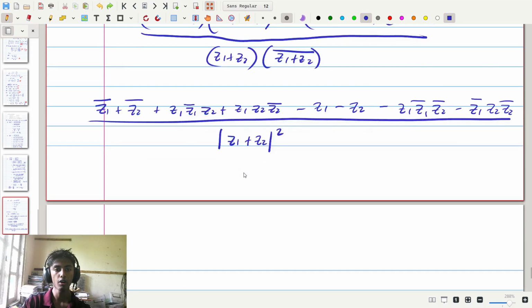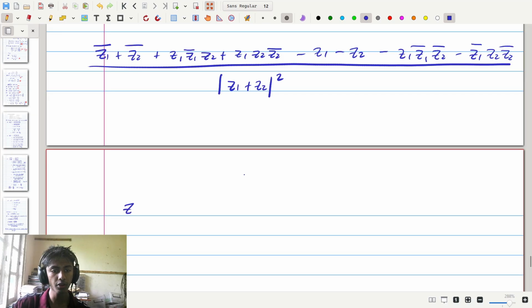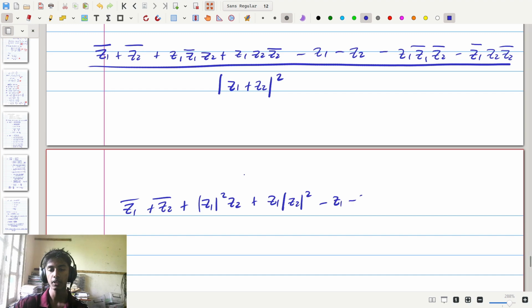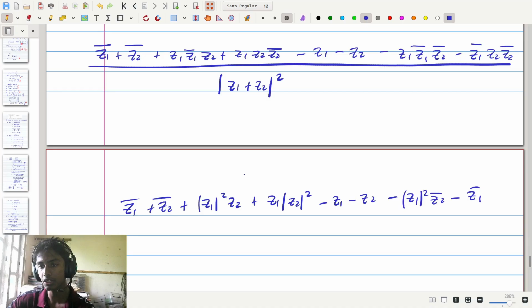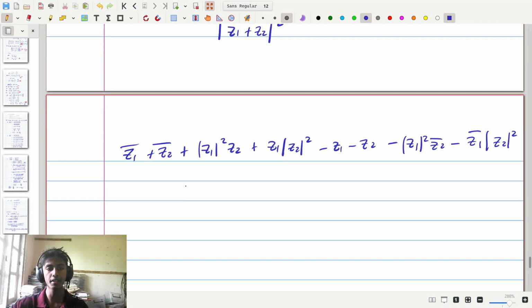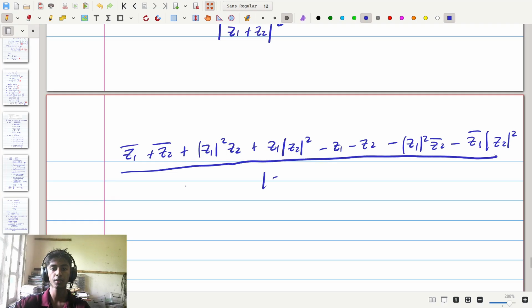So doing that, we can see from this expression, we get Z1 conjugate plus Z2 conjugate plus Z1 modulus squared times Z2 plus Z1 times Z2 modulus squared minus Z1 minus Z2 minus Z1 modulus squared times Z2 conjugate, and then minus Z1 conjugate times Z2 modulus squared, and all of that is divided by the modulus of Z1 plus Z2 whole thing squared.